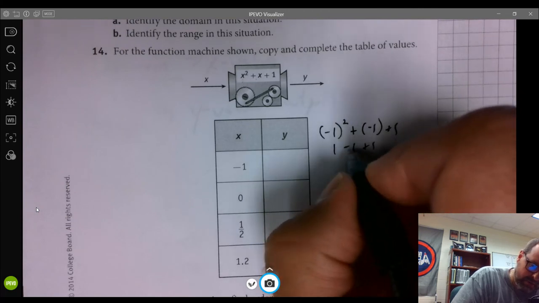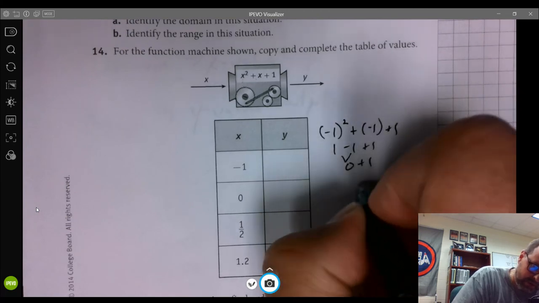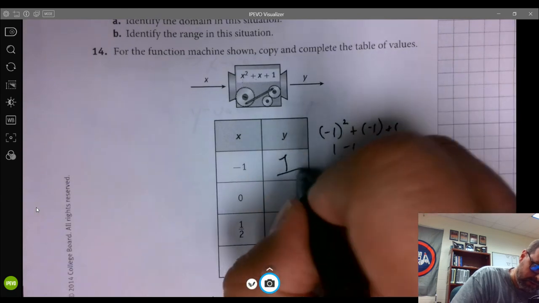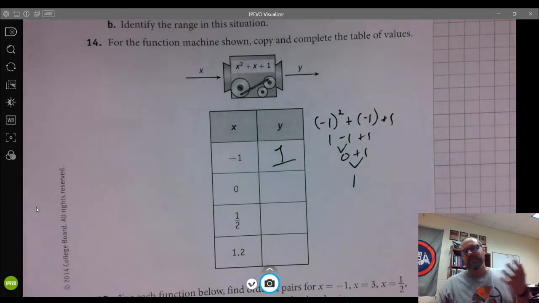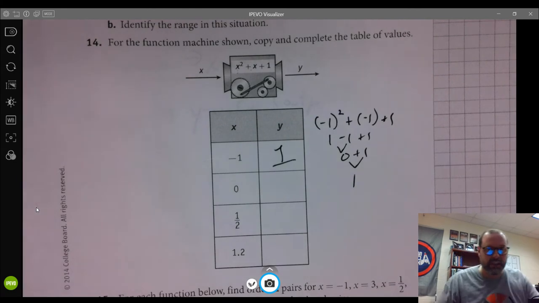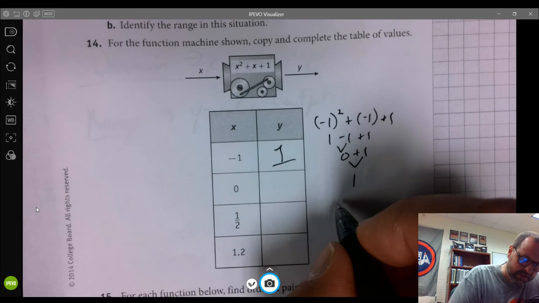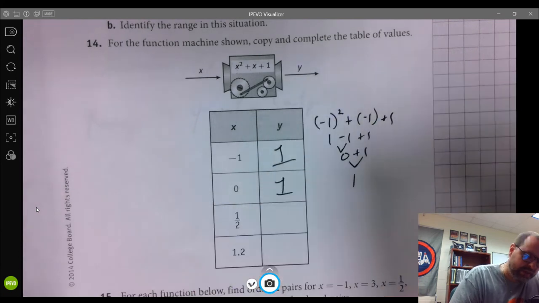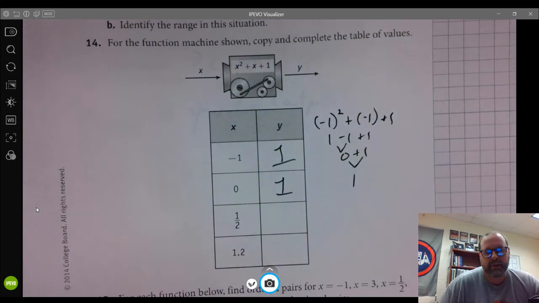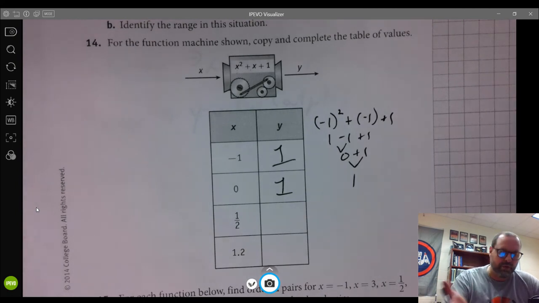So 1 minus 1 is 0, plus 1 is 1. You put in negative 1, the output is 1. If you plugged in 0, it also would be 1: 0 squared is 0, plus 0 plus 1 is 1. You could continue doing it. Sometimes you just put in an input to get an output, then afterwards you can write your domain and range.